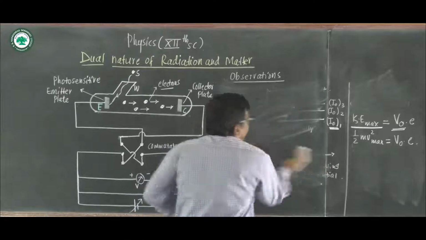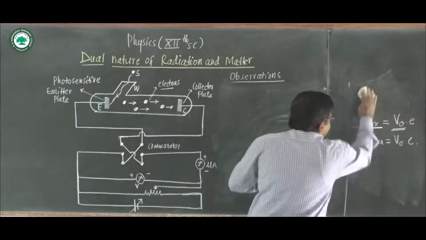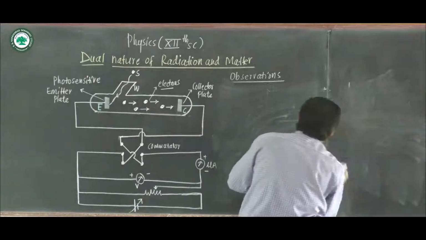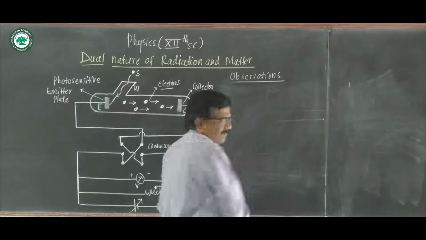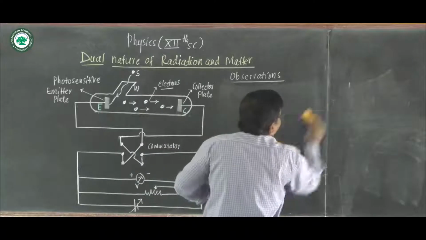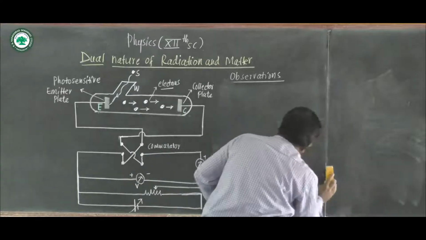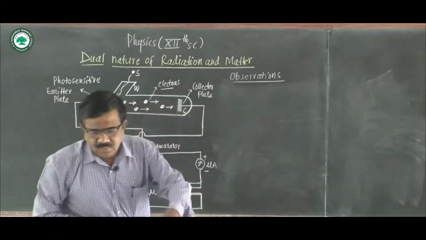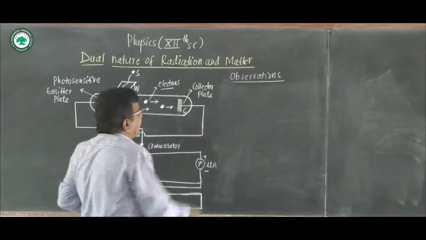Now we study the next observation in this experiment. These observations are very important. Variation of photocurrent with collector plate potential.